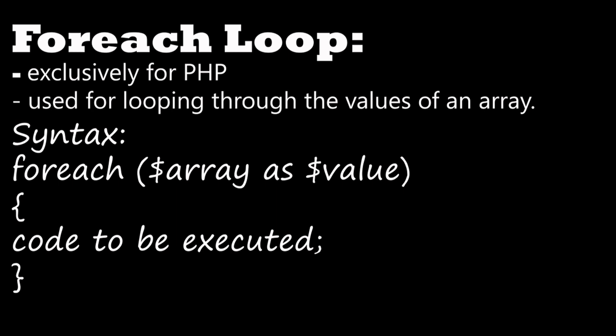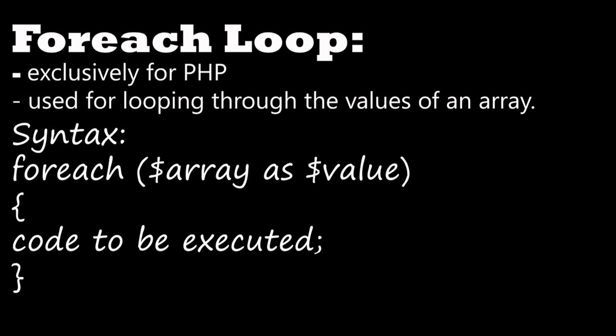The loop iteration will depend on each key value inside the array. For each loop iteration, the value of the current array element will be assigned to the variable value. And so the array pointer will be increased one by one till it reaches the end of the array. When you are using array elements, we'll use this foreach loop.